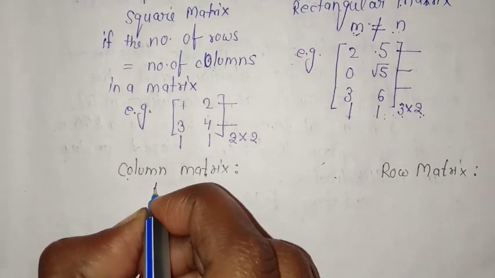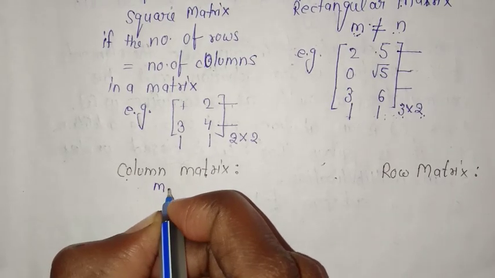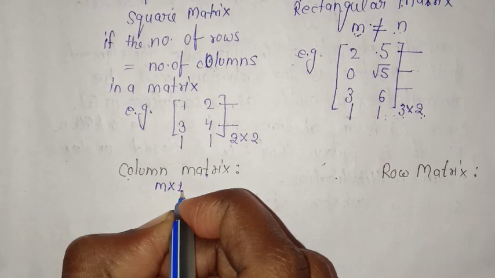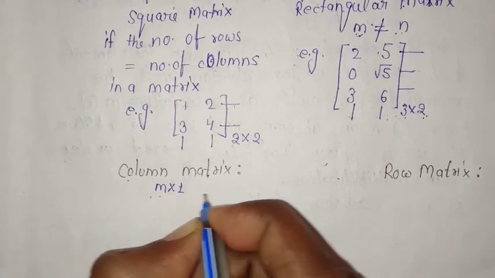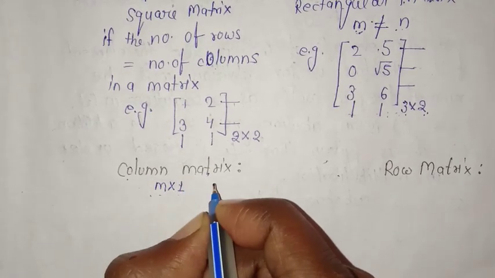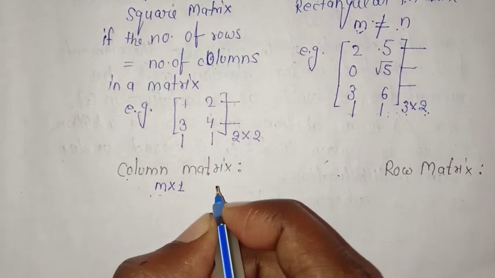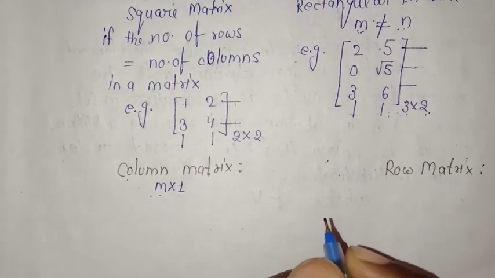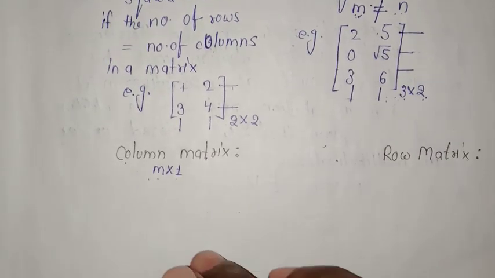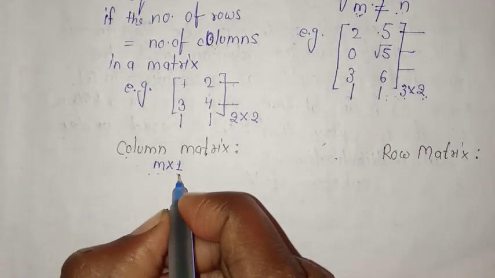So if there are m rows in a matrix and there is only 1 column, that is, you are getting an m cross 1 matrix, then that matrix is called a column matrix. There should be only 1 column; the number of rows may be 1, 2, 3 or anything, but the column will be only 1.